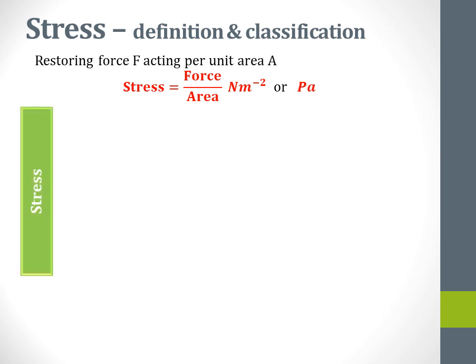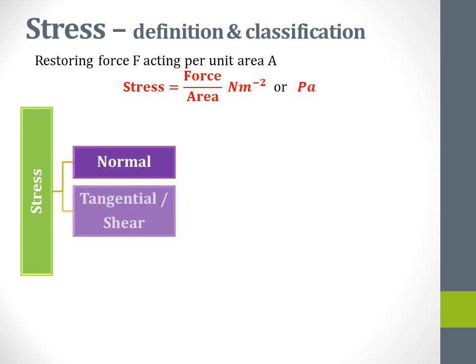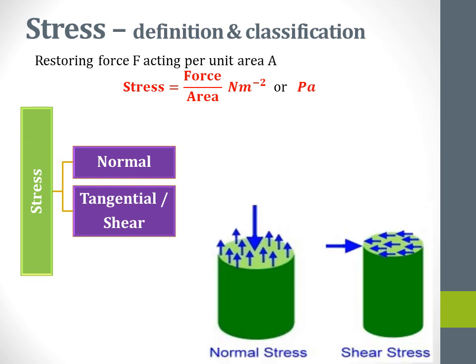Stress can be classified into two types: normal stress and tangential stress. Normal stress is when the force is applied perpendicular to the surface of the body, and tangential stress occurs when the force is applied along the surface of the body. The tangential stress is also called as shear or shearing stress.